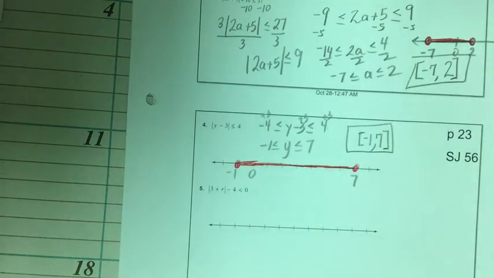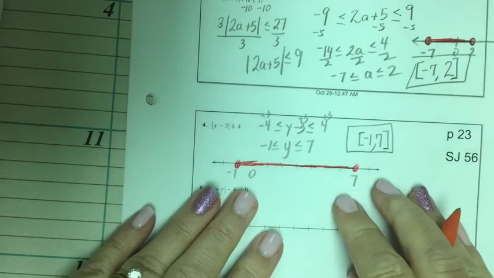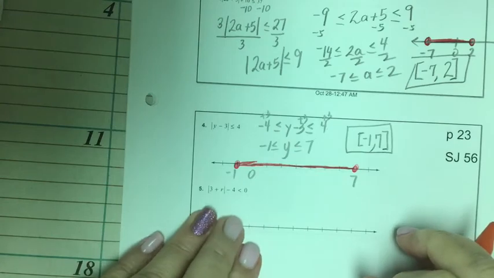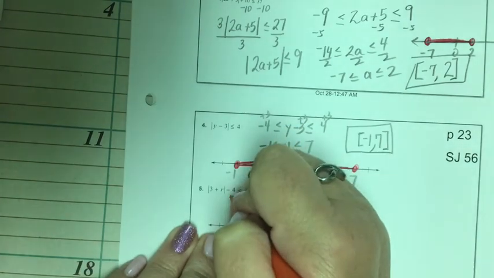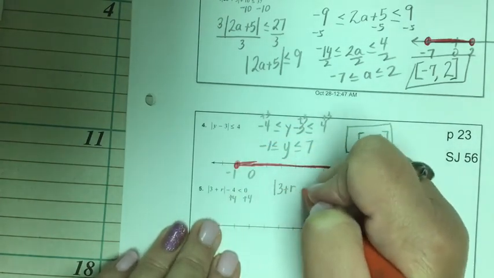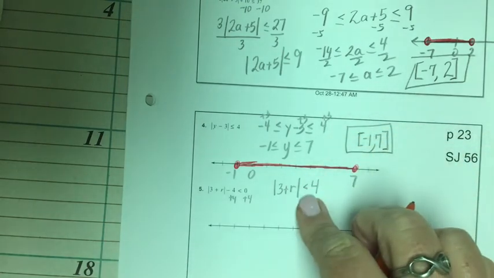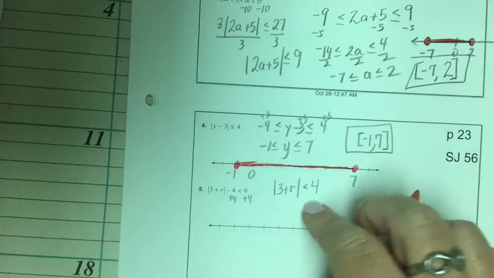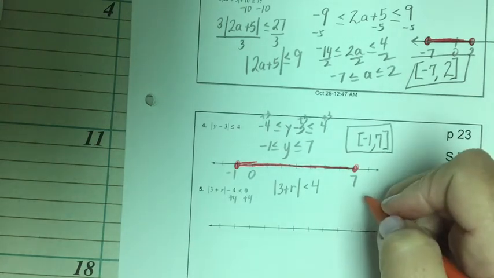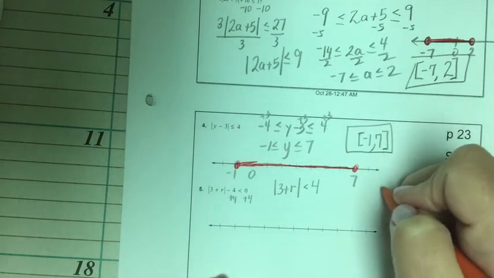Hopefully you got that correct. Let's do the same thing for number 5. My conjunction is less than, so this is an AND problem. Will you please try that on your own?